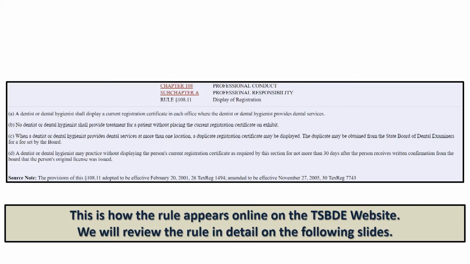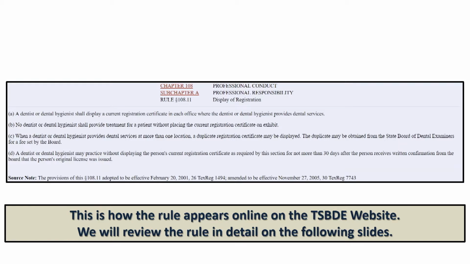The provisions of this Rule 108.11 adopted to be effective February 20th, 2001, and you see a difference in this particular rule that it was amended thereafter to be effective November 27, 2005.